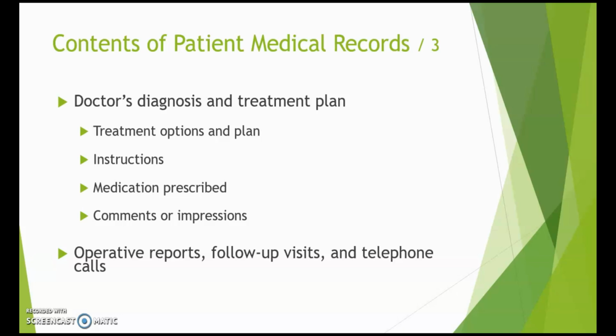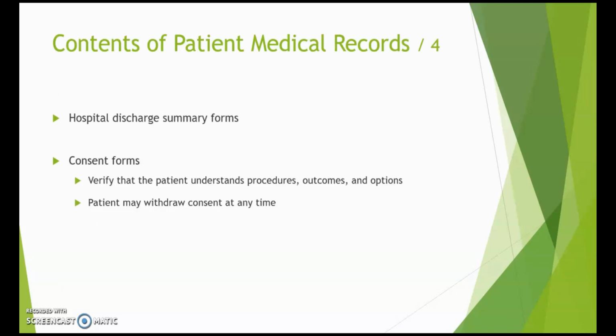Finally, the third part, well, not really finally, there are a few more. Diagnosis and treatment plan, treatment options and plan, instructions, medication prescribed, comments or impressions. Again, depending on what type of intervention, whether the doctor is a surgeon or a psychologist, etc. Operative reports, follow-up visits, and telephone calls. Hospital discharge summary forms, consent forms. This is, again, the ethical portion. Verify that the patient understands procedure, outcomes, and options, and the patient may withdraw consent.